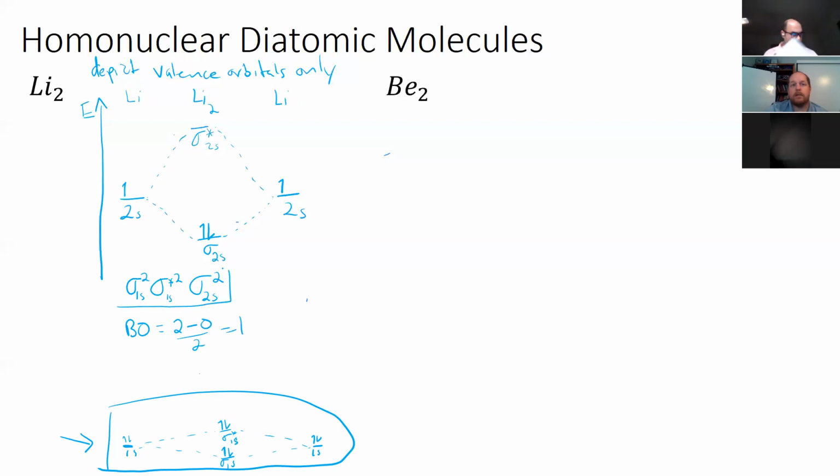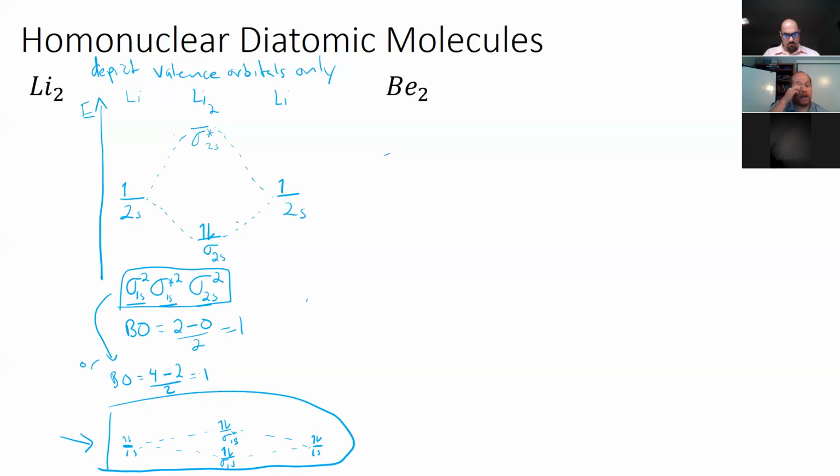If we use the electron configuration to do this, right, we've got 4 bonding electrons, minus 2 anti-bonding electrons over 2 will equal 1, right? 4 minus 2 is 2, divided by 2 would be 1.